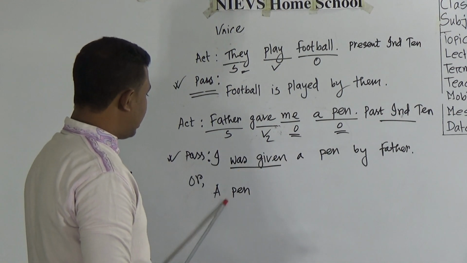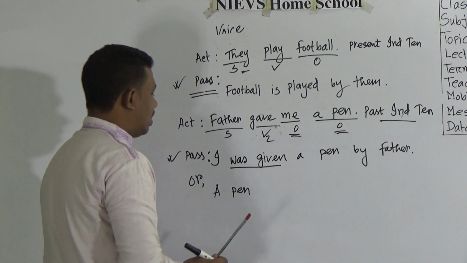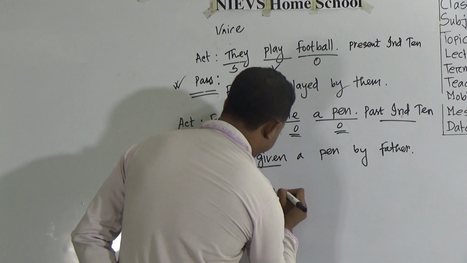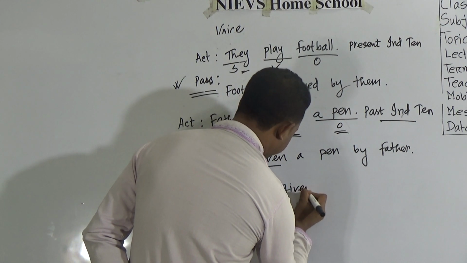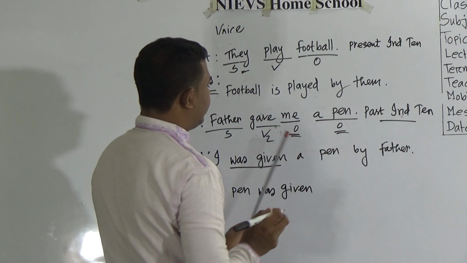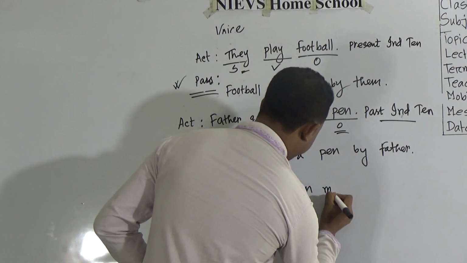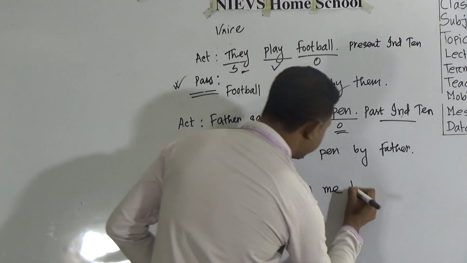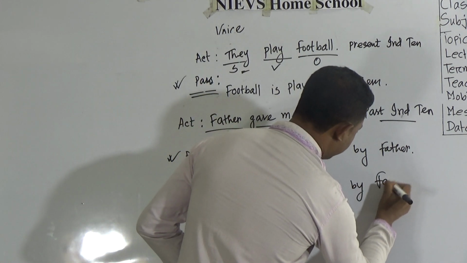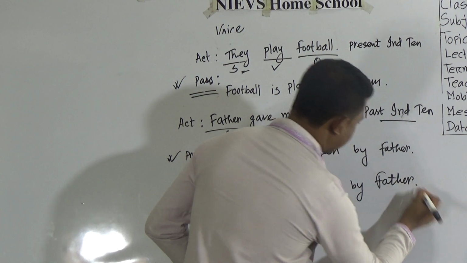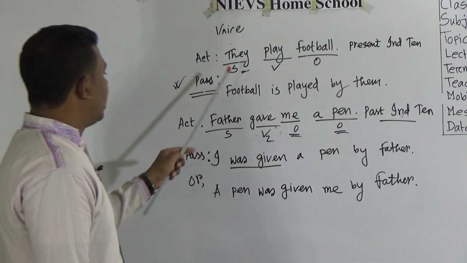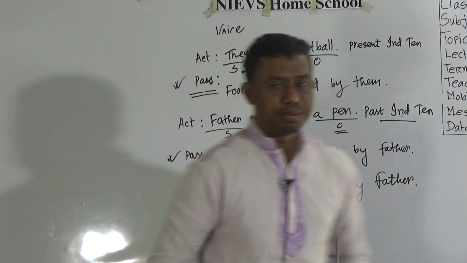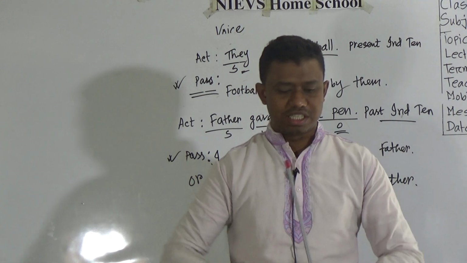A pen also takes "was," then the main verb, given, then the object: "A pen was given me by father." This is the rule for changing an assertive sentence from active to passive.